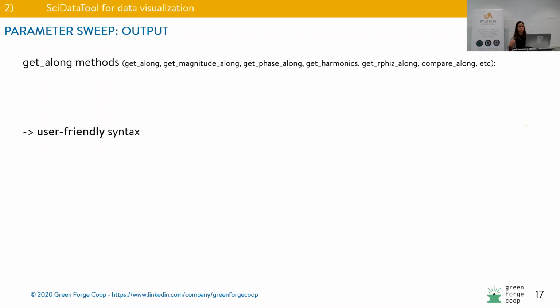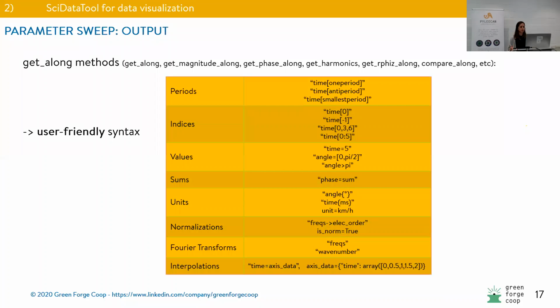And the idea was to try to develop a user-friendly syntax, so to extract what you want exactly. So here are a few examples. If you define an axis as being periodic, for example time, you say, okay, my time is periodic. It has a period of 8. So I will only store 1/8 of my signal.